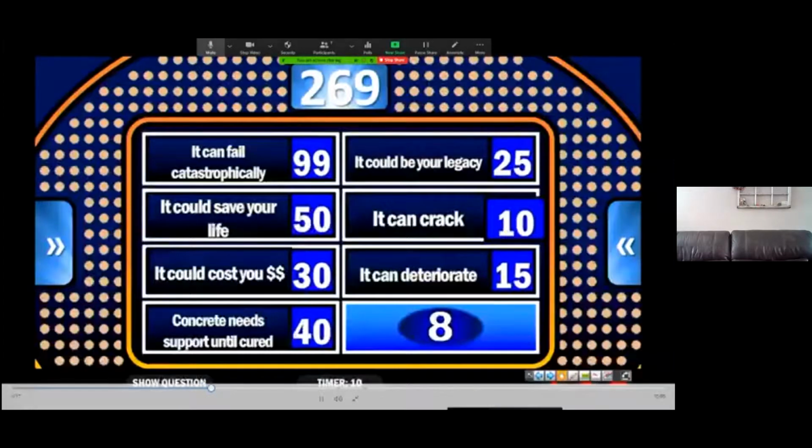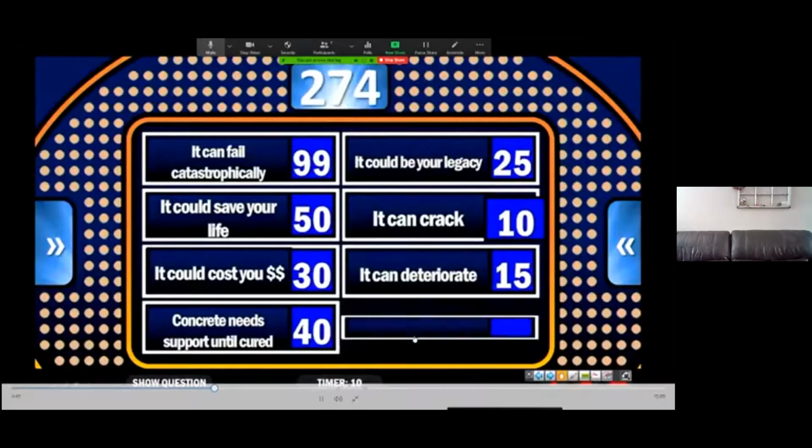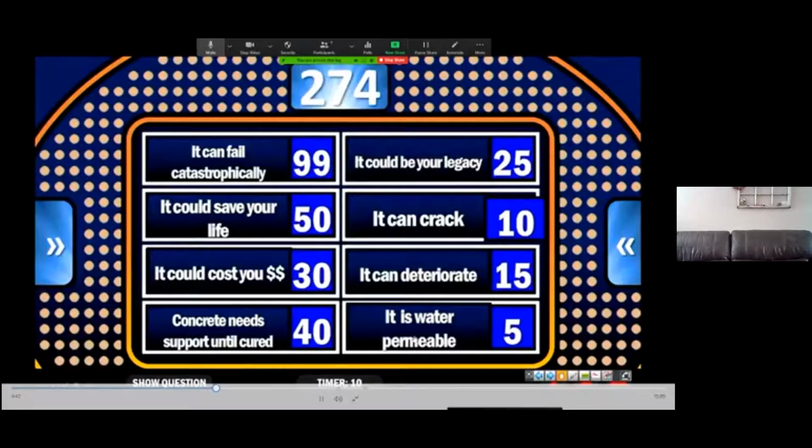Yes, it needs to sustain the load. But we're just going to move along and do number 8. Okay, all right, let's keep going.